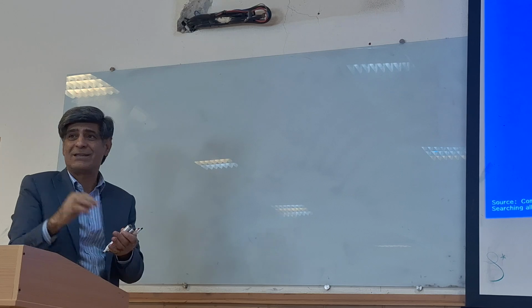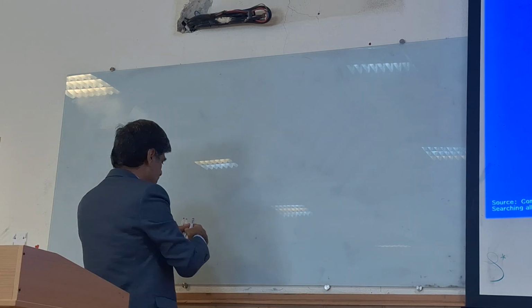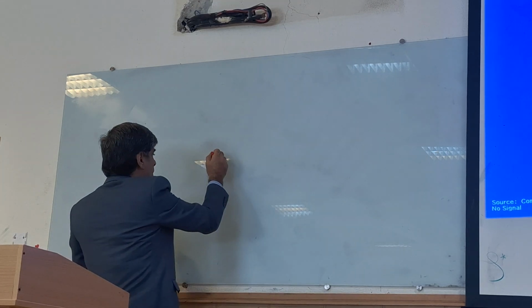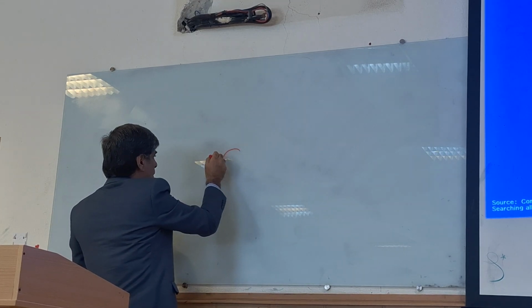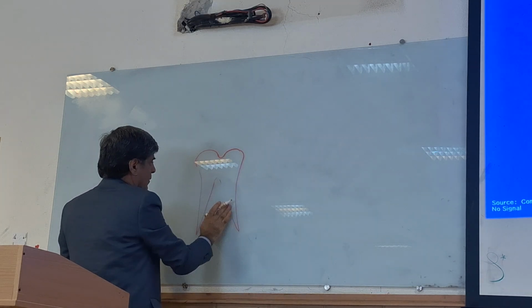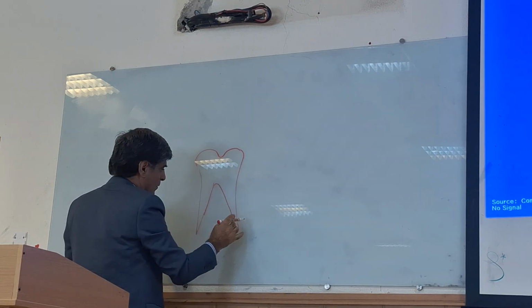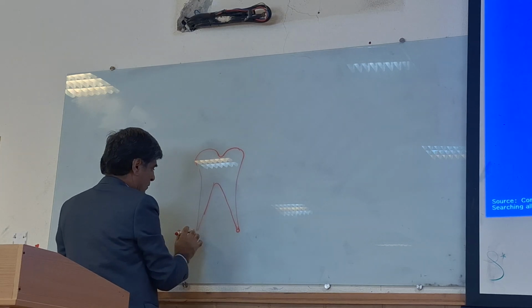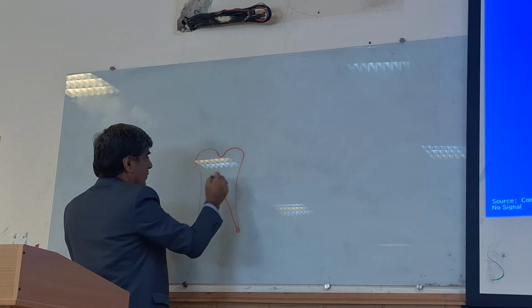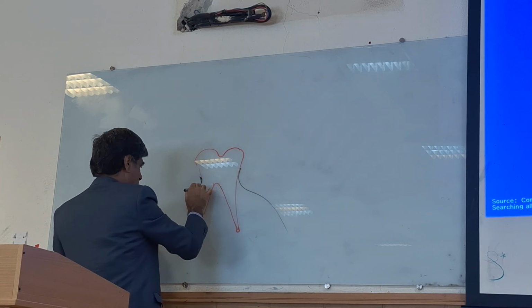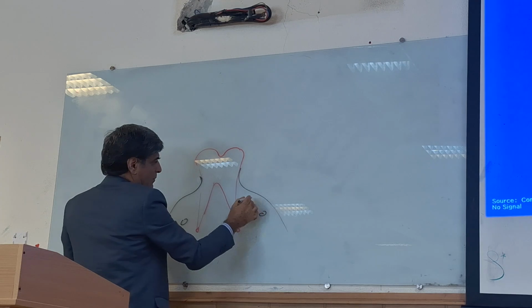Okay, morphology contains three parts. This part, alveolar bone, spongy bone.